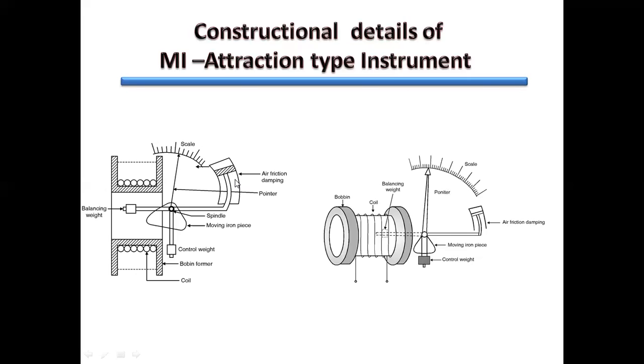So in all, the piston movement in upward or downward direction will be opposed by the air pressure, or it will absorb the upward downward movement of this rod, which is nothing but the oscillations. This is how the air friction damping is obtained. So this is about the deflecting torque, controlling torque, and damping torque in moving iron attraction type instrument.